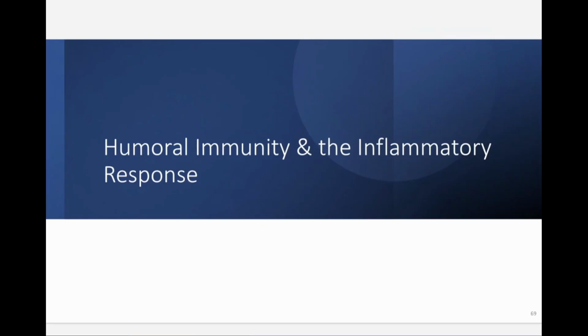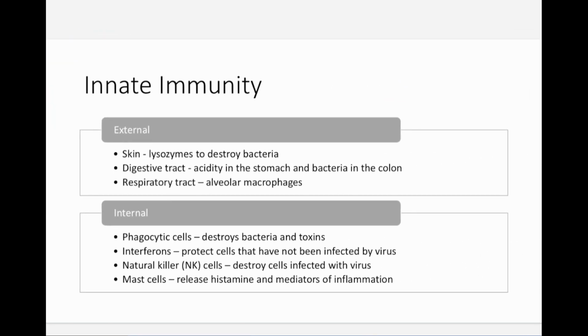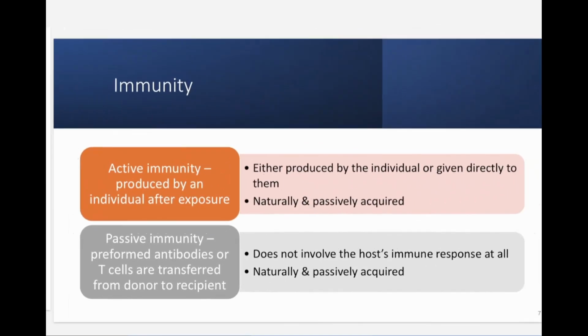So moving on to humoral immunity. Sounds like a Harry Potter novel, doesn't it? Okay, so we have our innate immunity, things we're born with, so our skin, digestive tract, respiratory tract. Internal, our phagocytic cells, interferons, natural killer cells, and our mast cells. This is our normal innate immunity.